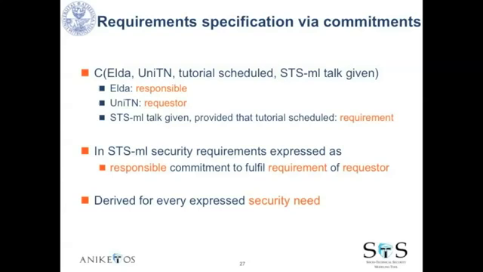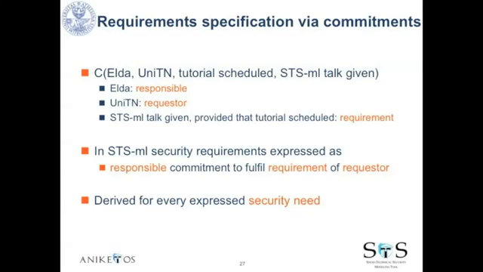How are commitments actually capturing security requirements? When we have a certain commitment, it is related to a given interaction that is taking place and to a specification that if the tutorial is scheduled, then a talk will be given. So me, Elda, that is making the commitment, I'm responsible to bring about this commitment, and UniTN, here, the party to which the commitment is made, is the requester of such state to be brought about, and the requirement is that a talk will be given provided that the tutorial is scheduled.